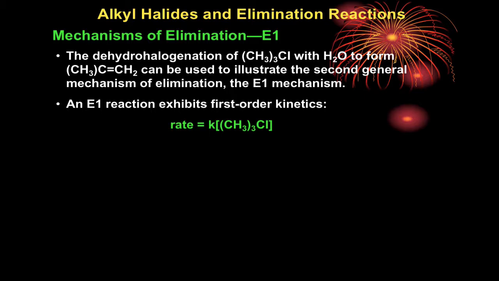Okay? The other thing is the rule of thumb. In an E1 reaction, if you want the elimination to be the predominant thing that happens, heat it. Heating a reaction favors elimination over substitution in E1 versus SN1 chemistry. Okay?